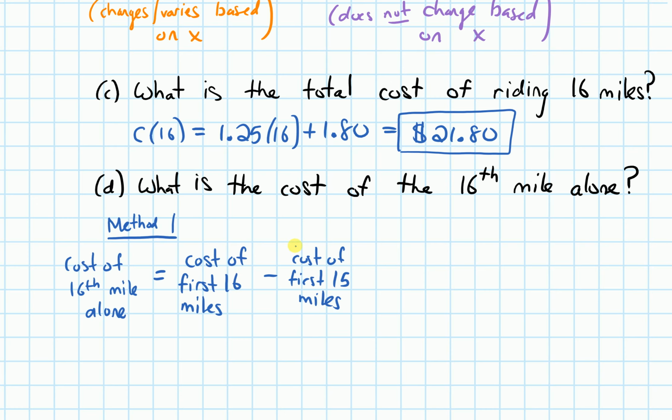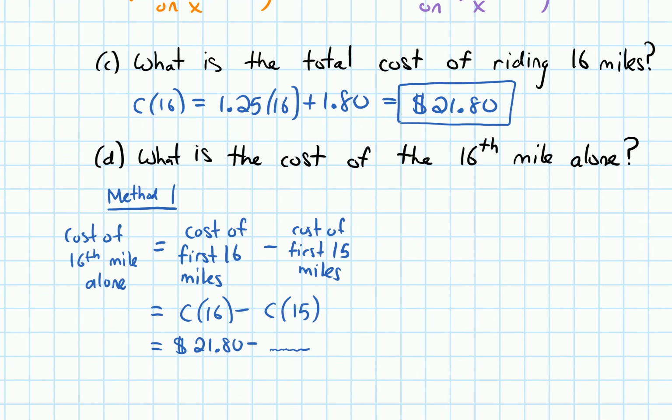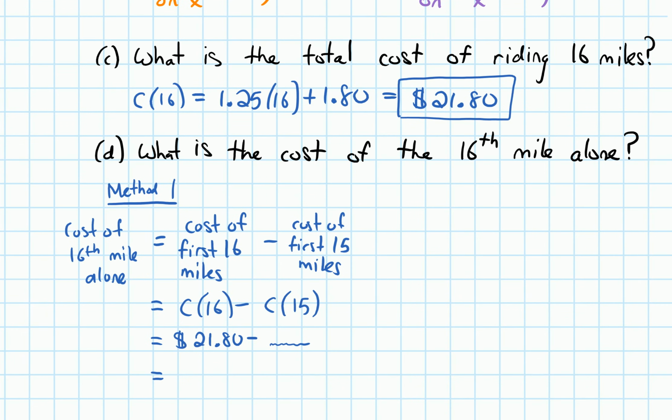Because if I do that, that gives me the cost of the 16th mile on its own. So the first 16 miles, that cost is C of 16. First 15 miles, that would be C of 15. So I know C of 16 is 21.80. C of 15 is going to be something. Let me just put a squiggly line here. And if I were to plug in 15 and then subtract these two, it turns out what I would get is $1.25.